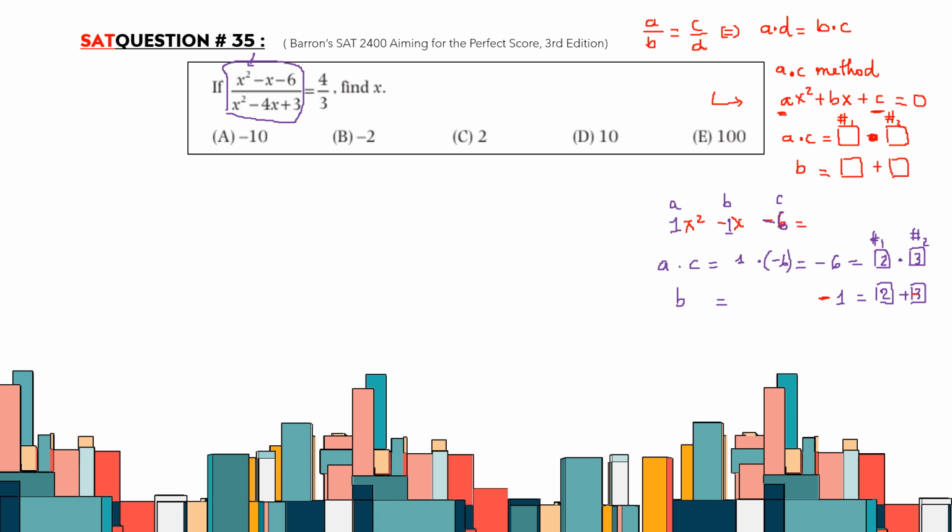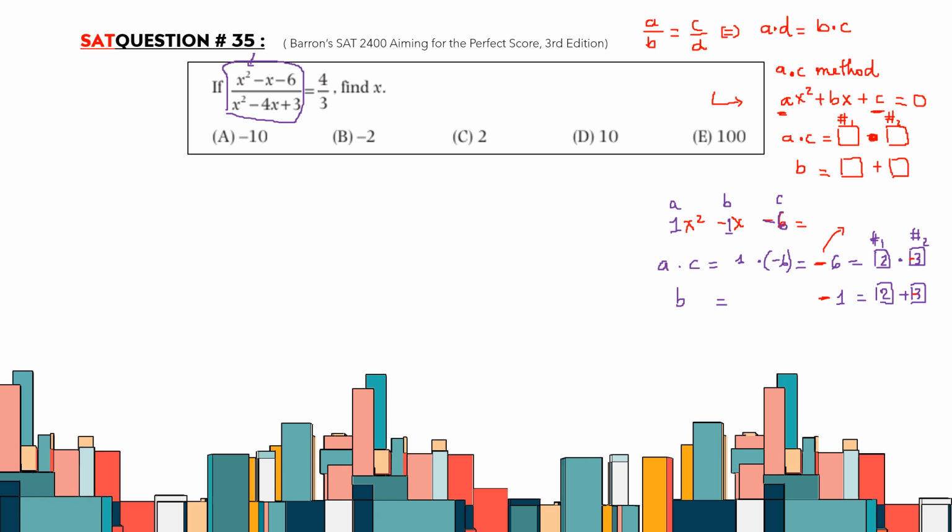So 2 times negative 3 is negative 6, and 2 plus negative 3 is negative 1. So number 1 is 2.